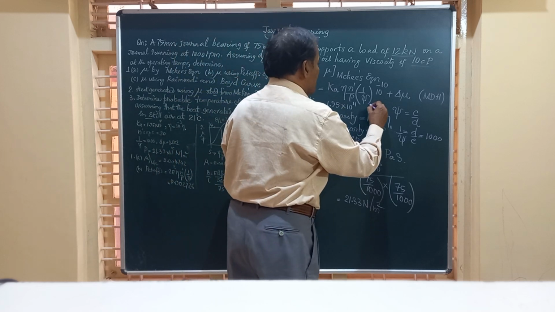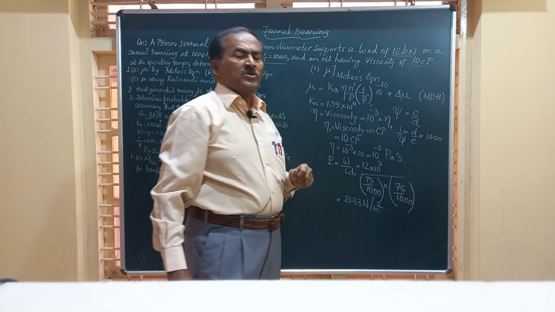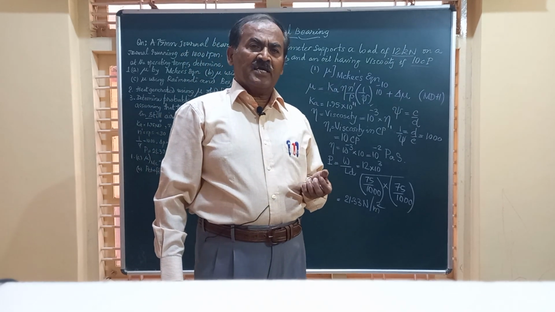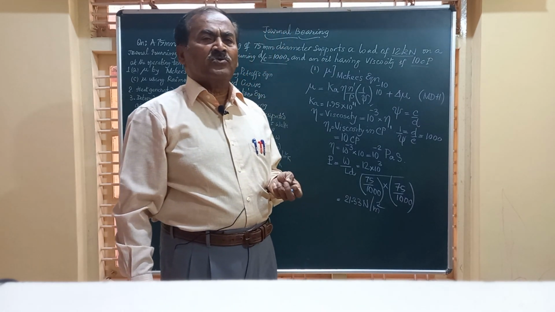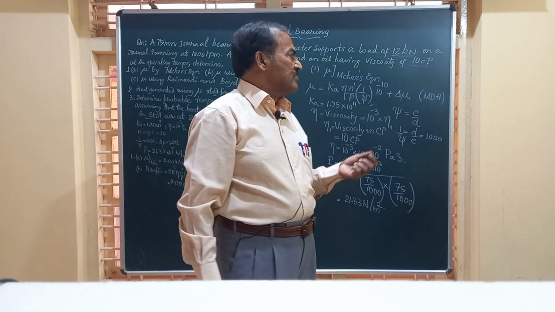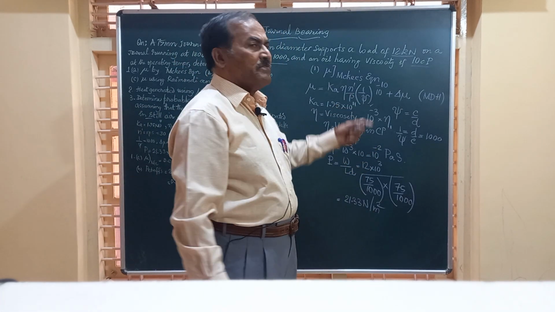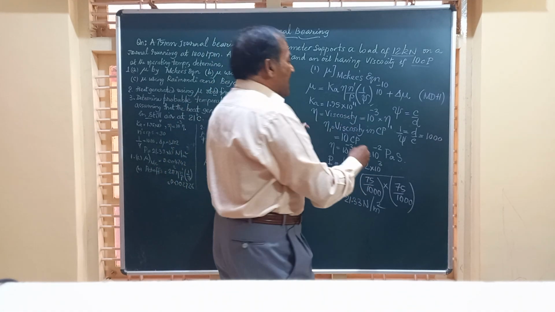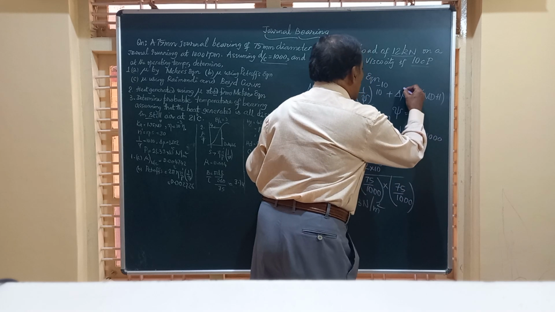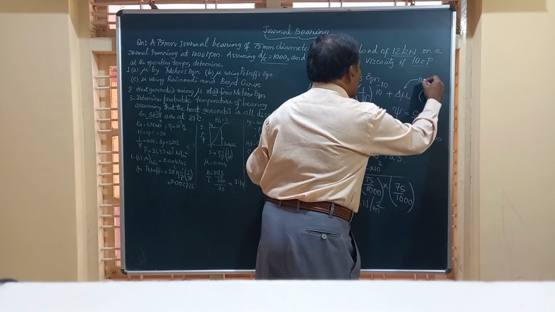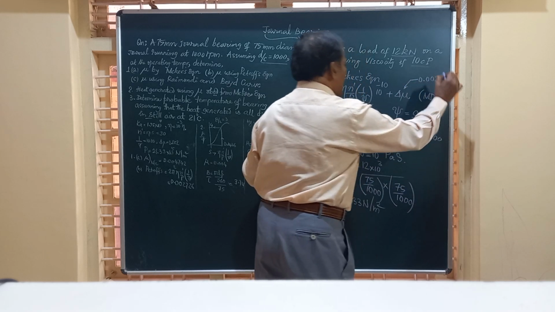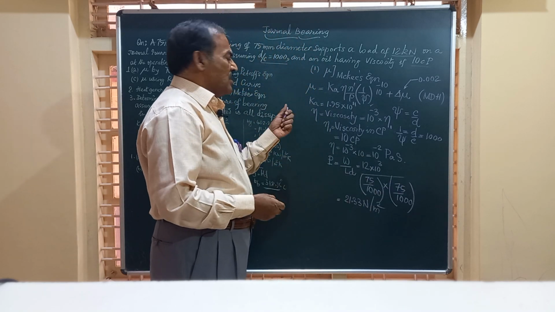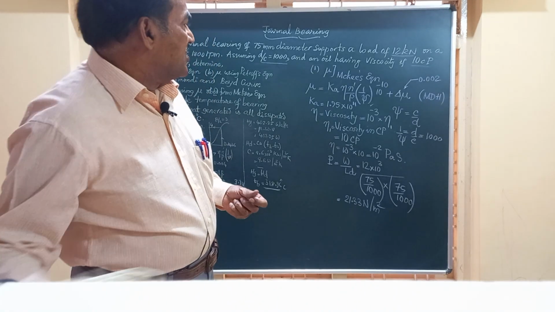So we know this value. And this delta mu is called the correction factor for end leakage, and its value for a range of L by D ratio 0.75 to 2 is 0.002. 0.002 is a constant. So friends, we will substitute all these values and get the value of this mu.